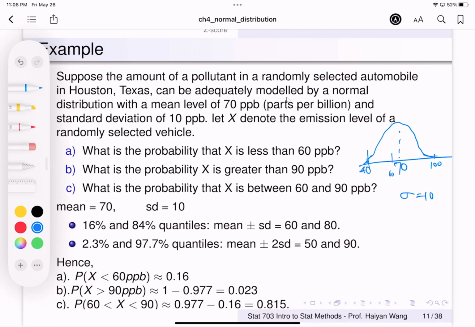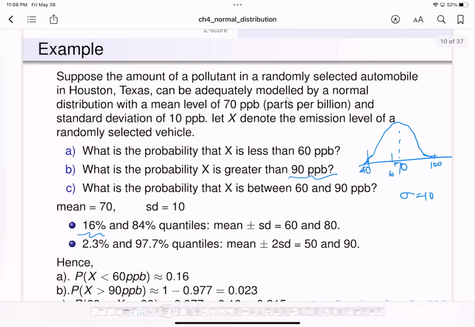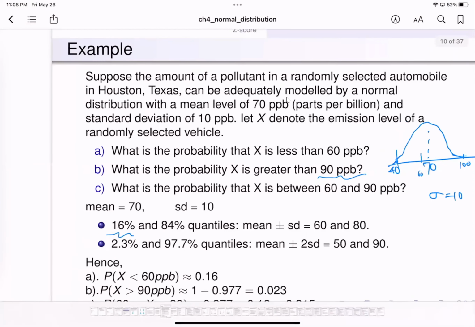So earlier we already know from the previous slide, if it's one standard deviation below the mean, then it's the 16th percentile. And for the 90, it is 2 standard deviations above the mean. For 2 standard deviations above the mean, earlier we already know that it's the 97.7 percentile.